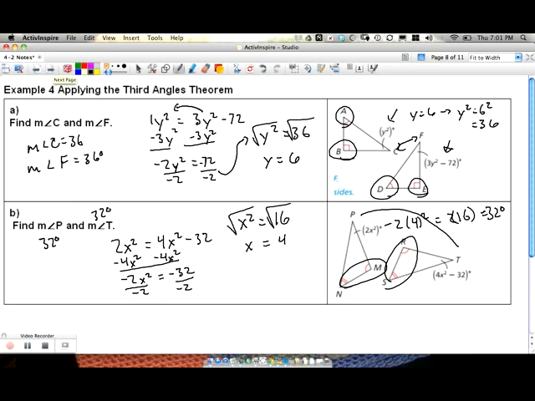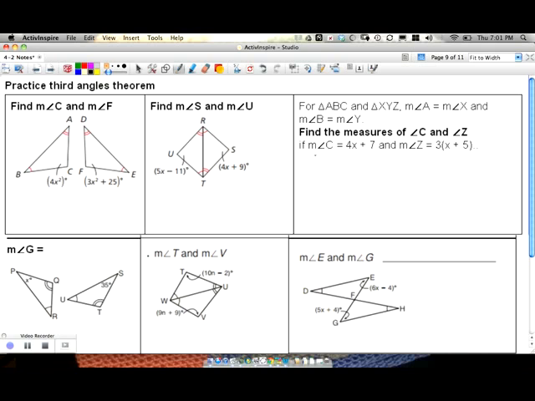Okay, let's practice this idea. So similar idea happening here. Let's just work it out. We know that 4x squared and 3x squared plus 25 are equal to each other. So 4x squared equals 3x squared plus 25. If I subtract 3x squared from both sides, I get x squared equals 25.